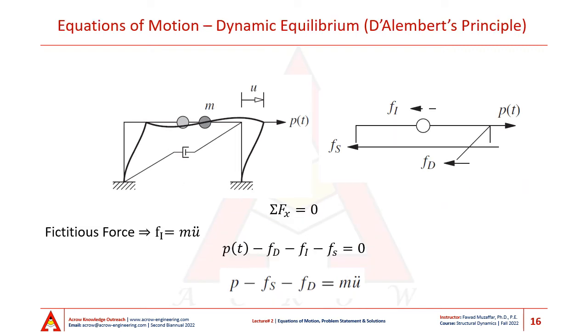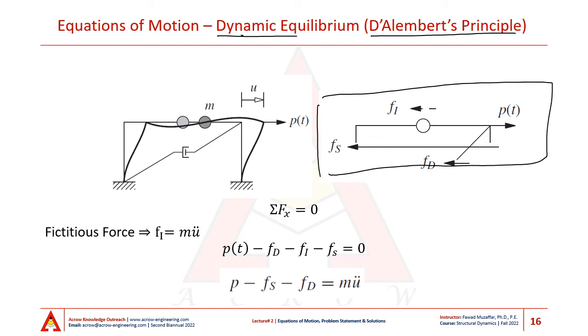Let's look at the second philosophical approach, which is called the dynamic equilibrium concept or D'Alembert's principle. We have the same frame and the same mass as we had in the last slide. In this approach, we are not resorting to Newton's second law of motion.